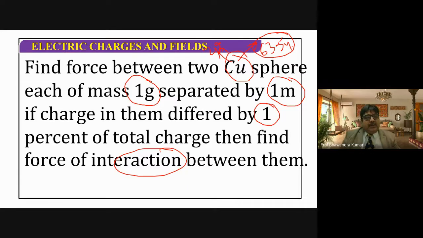So first, please calculate how much charge they will hold, and then try to find what is the force of interaction. Is the question clear to all of you, or is there any problem?